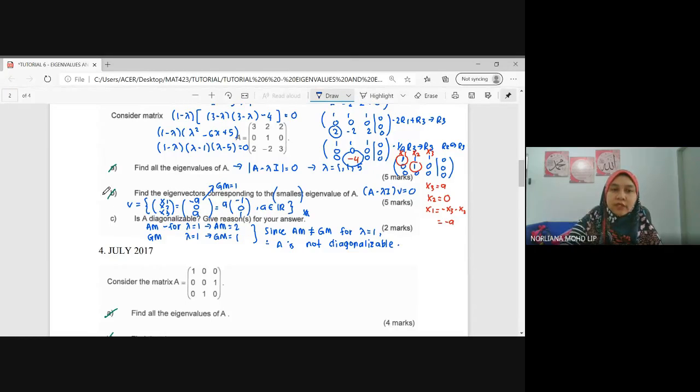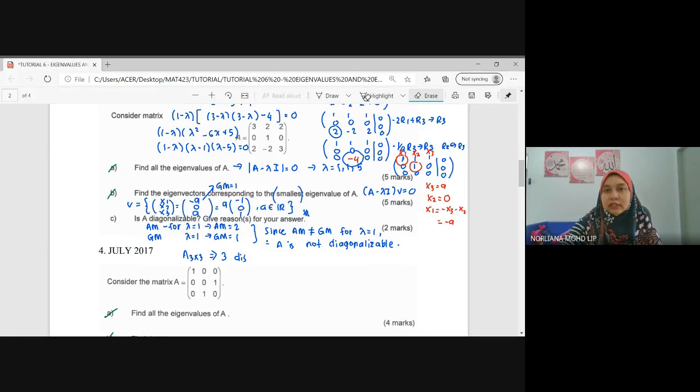Kena proof AM and GM. Sebab kat sini distinct eigenvalue dia tak sama. Patutnya A 3 by 3 must have three distinct eigenvalue kan. Must have three different eigenvalue lah.